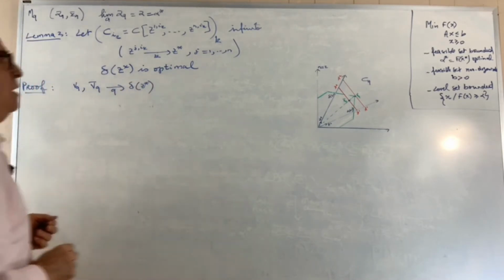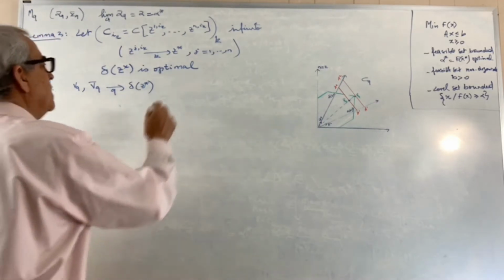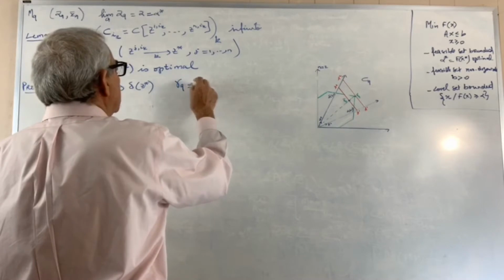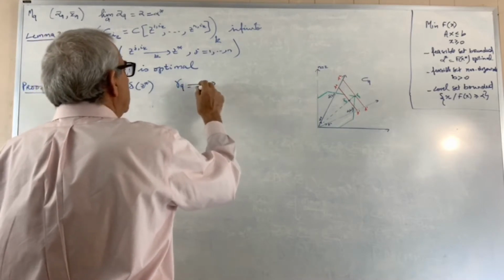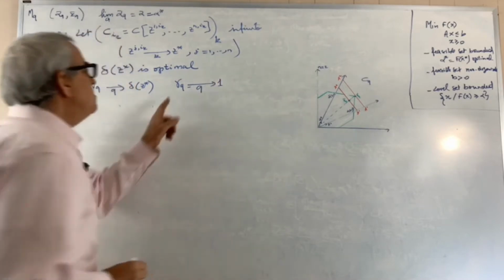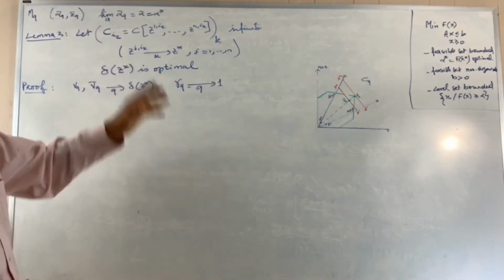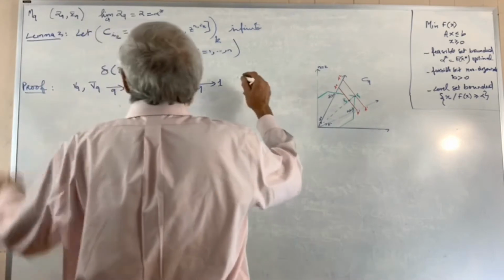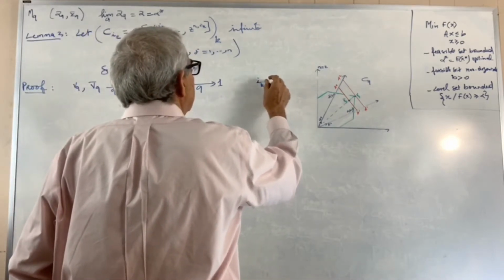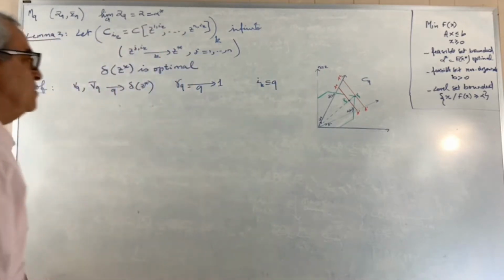All right, and gamma q converges to 1 as q goes to infinity. Gamma q is the optimal value of that linear program. And here, of course, I'm replacing i_k by q to simplify the notation.